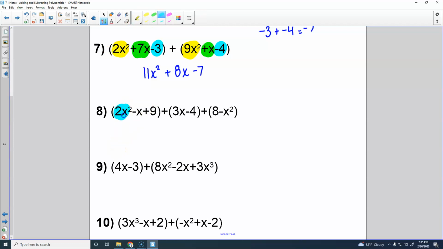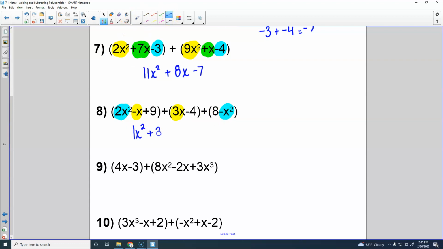So I've got a 2x squared and a -x squared. Those are my like terms there, which does give me a 1x squared. Or do I have to write the 1? I do not, so I could leave it off if I want. Then I'm going to look at all my x terms. So I've got -x. I've got a positive 3x. That's it. What's that going to give me? 2x.